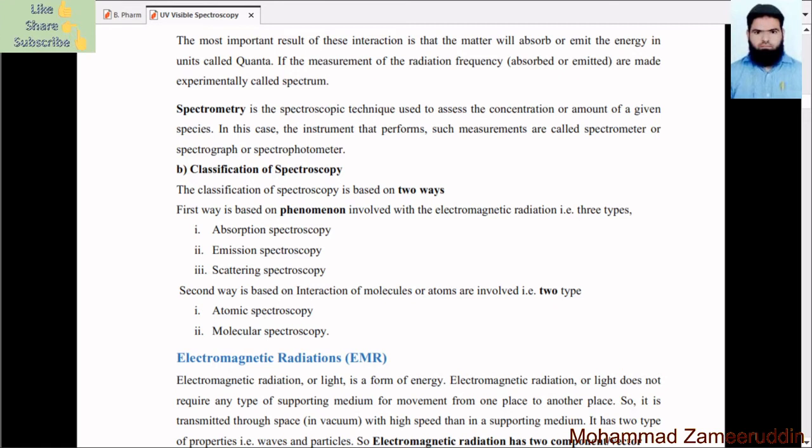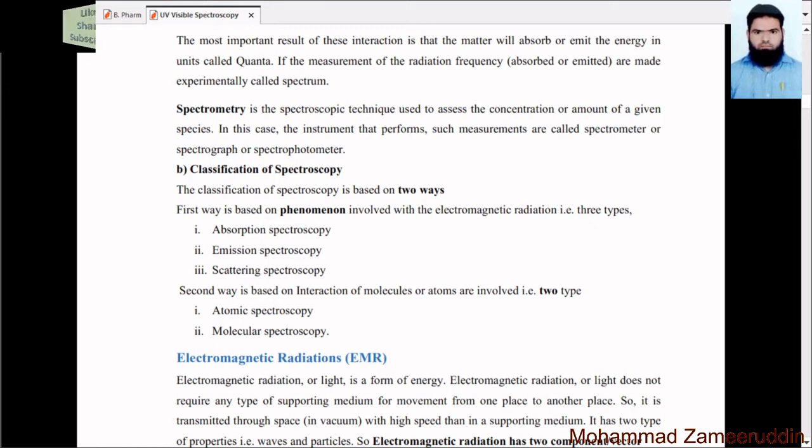In atomic spectroscopy, the radiation interacts with single atoms, or matter which exists as a single entity or in an atomic state, like the gaseous form. In gas form, the matter exists in an atomic state.